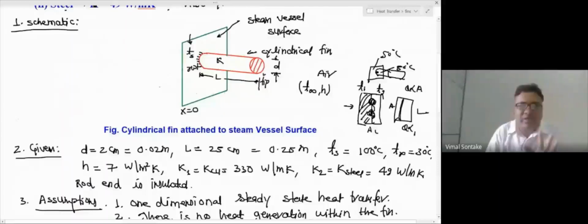That is the consequence of assumption number 3. So very important assumption it is, because unless otherwise I know this temperature of the fin at x equal to 0, I cannot proceed further. And how would I know that temperature? By assuming temperature of the fin at the root is equal to temperature of the base surface to which it is attached. I hope you have got it.